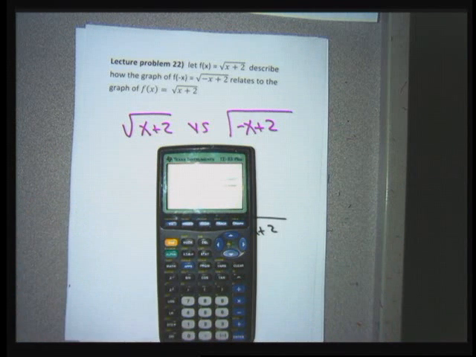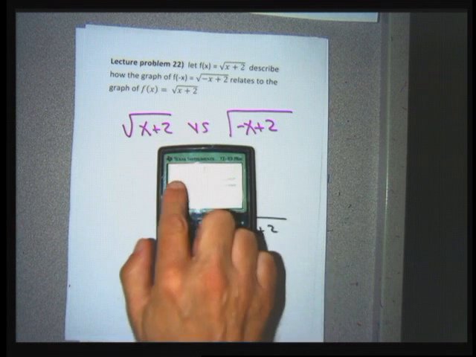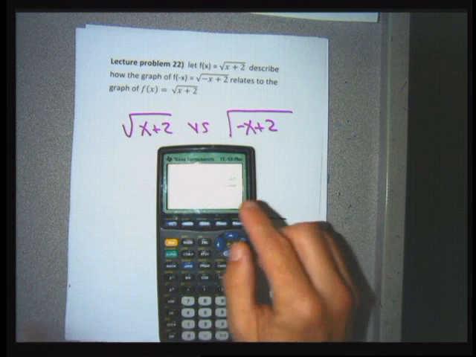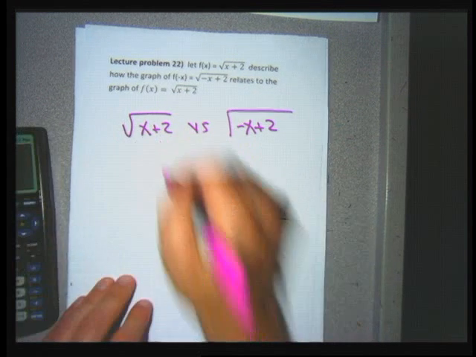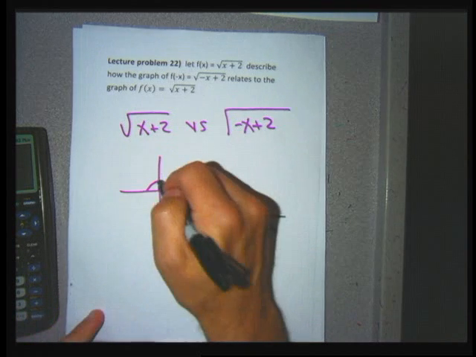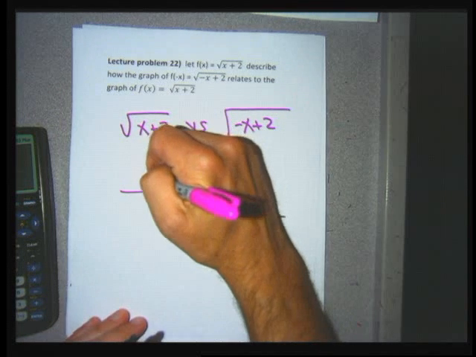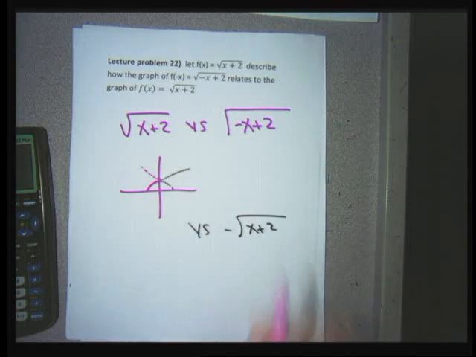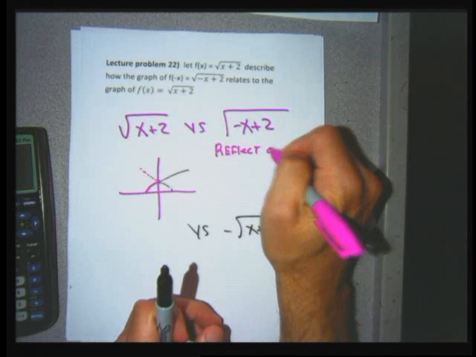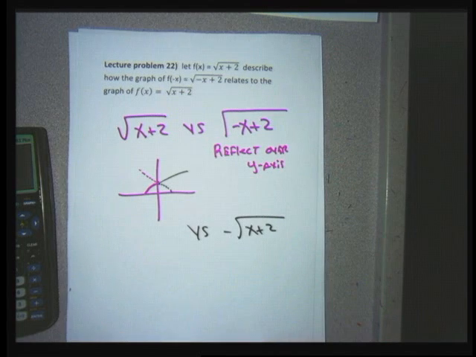The part on the right side of the y-axis gets flipped over to the other side, and the part on the left side gets flipped over as well. Each part of the graph gets moved to the opposite side. The whole graph gets reflected over the y-axis when I replace the x with a negative x.